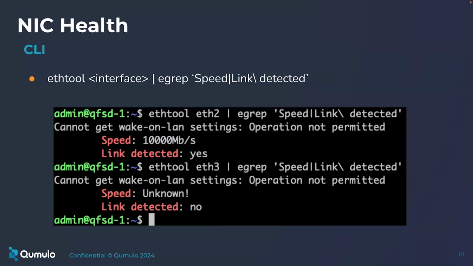You can take ETH3 from there and swap the ends with ETH3 from QFSD 2. Do we see a link detected at that point? It helps you narrow down where the problem is. It's really a plug and chug manual operation. No, not going to lie about that one, but it is the easiest and most direct path out there.